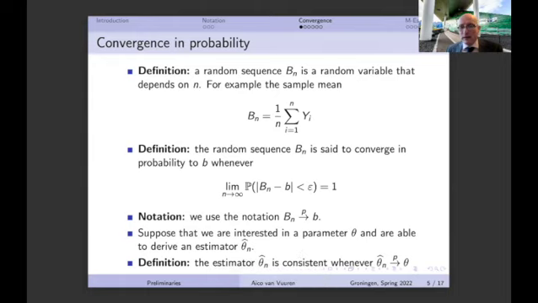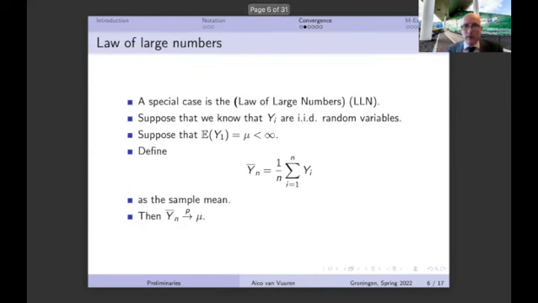As soon as we see that an estimator is inconsistent, we shouldn't use it. Inconsistent estimators are so bad that it's actually better not to have an estimator at all. So this is always the first thing that you should check when you look for an estimator.